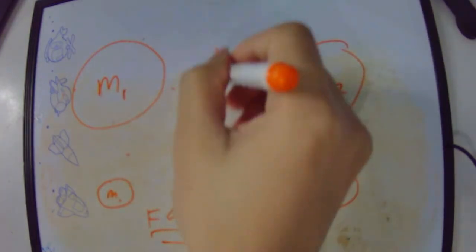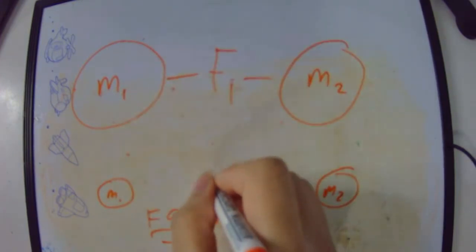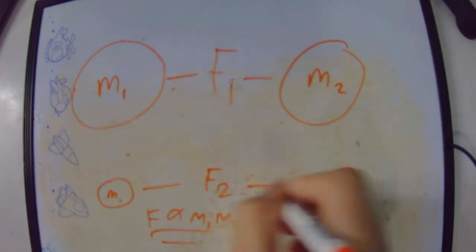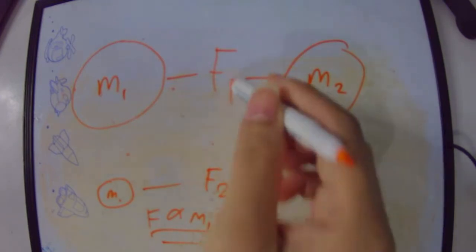Now, based on the formula that we just learned, that F is proportional to mass 1 times mass 2, let's call this force 1 and let's call this force 2, right? Based on this formula, which one is bigger, F1 or F2?